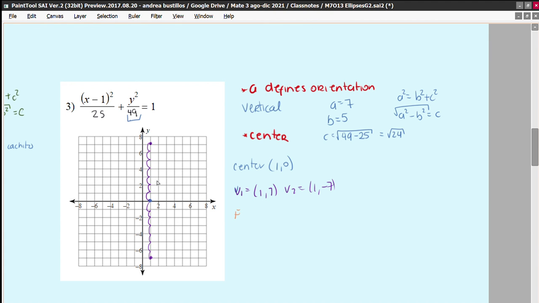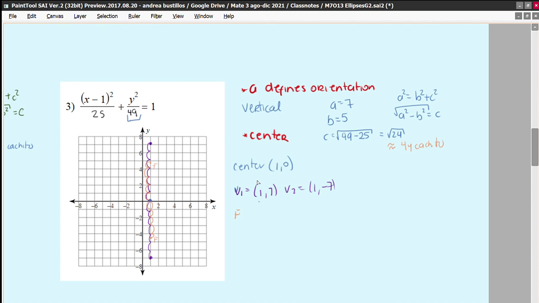So to find the foci, I'm going to move c above and below my center. c is the square root of 24, and this is approximately 4 and a bit, or almost 5. So to graph this, you're going to start from the center and you're going to move 1, 2, 3, 4 and a bit. So there are our foci.